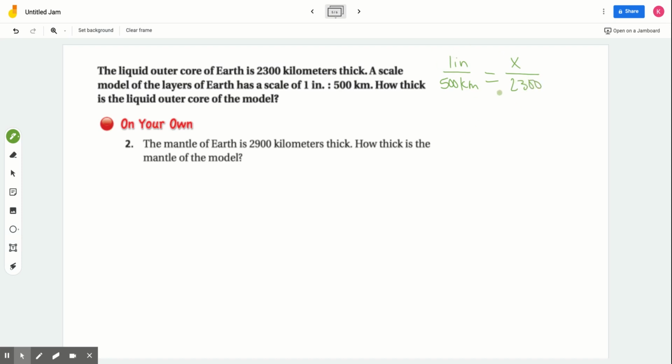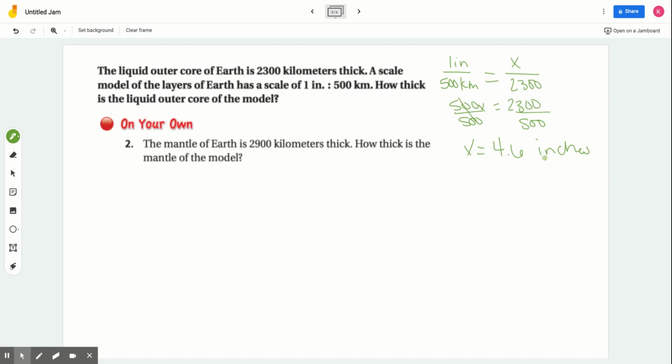So again, we could cross multiply and divide. So 500 times x, 1 times 2,300, and divide by 500 on both sides to find that x is 4.6 inches.